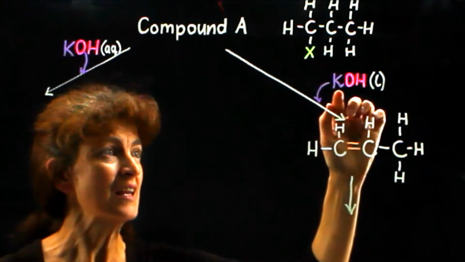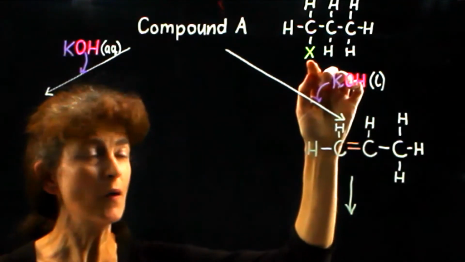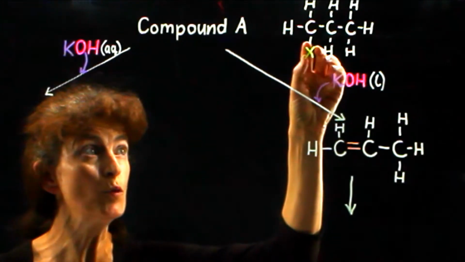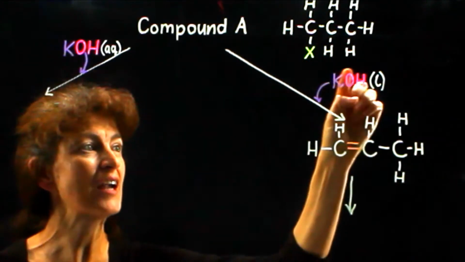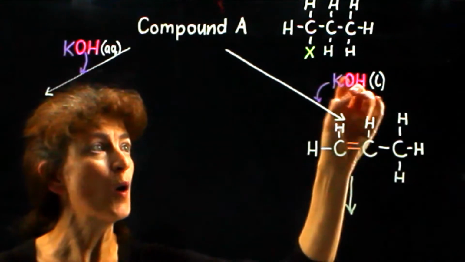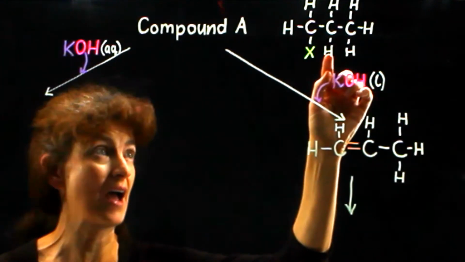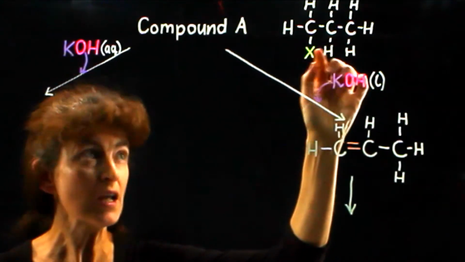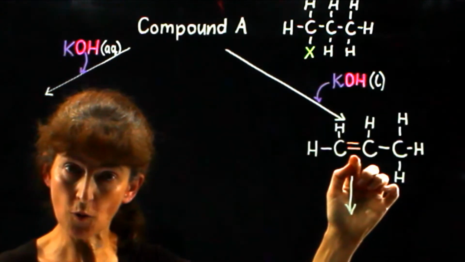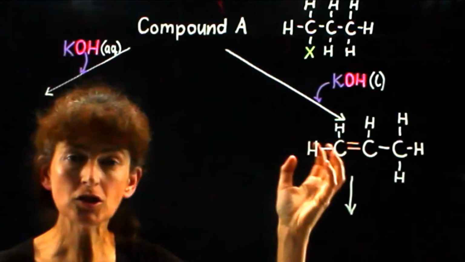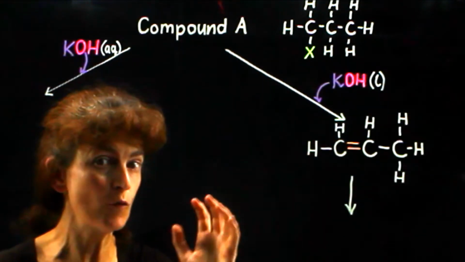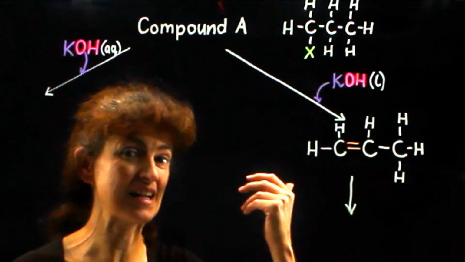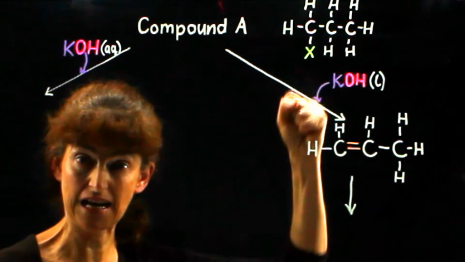What happens is the potassium ion bonds with a halide, removing it. And the hydroxide ion bonds with one of the hydrogen atoms, removing it. And once those two are removed, they're replaced by a double bond, forming an alkene, because each carbon still has to have 4 bonds. We can see that that is elimination because we've only had things taken out.